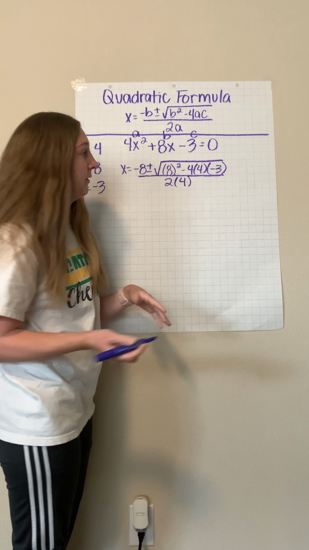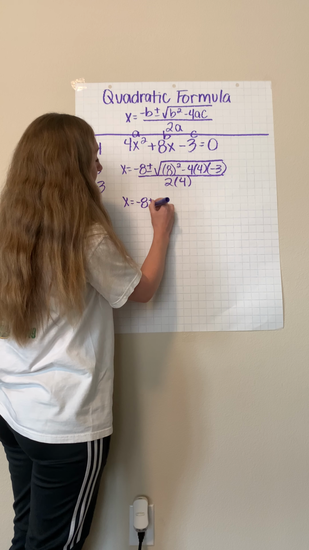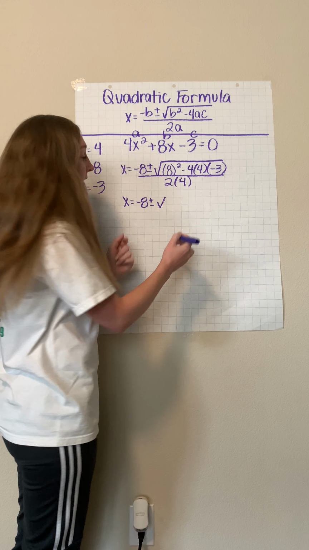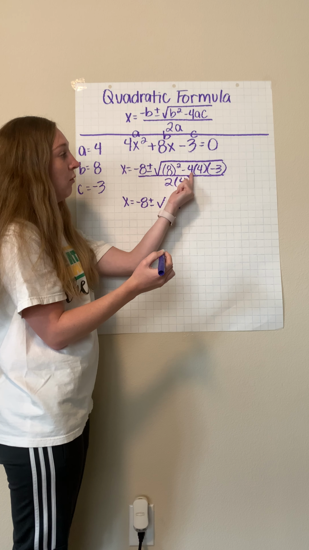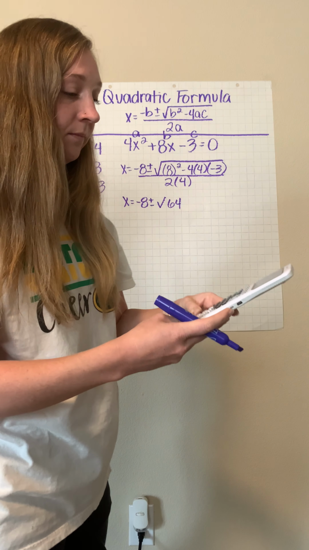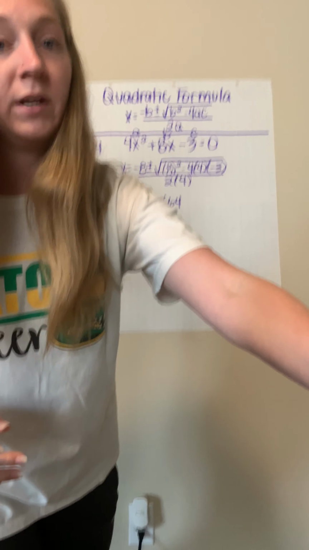Now I'm going to start simplifying. So I've got x is equal to -8 plus or minus the square root of 8 squared. 8 times 8 is 64. Minus, and then I've got 4 times 4 is 16, and 16 times -3 is -48.